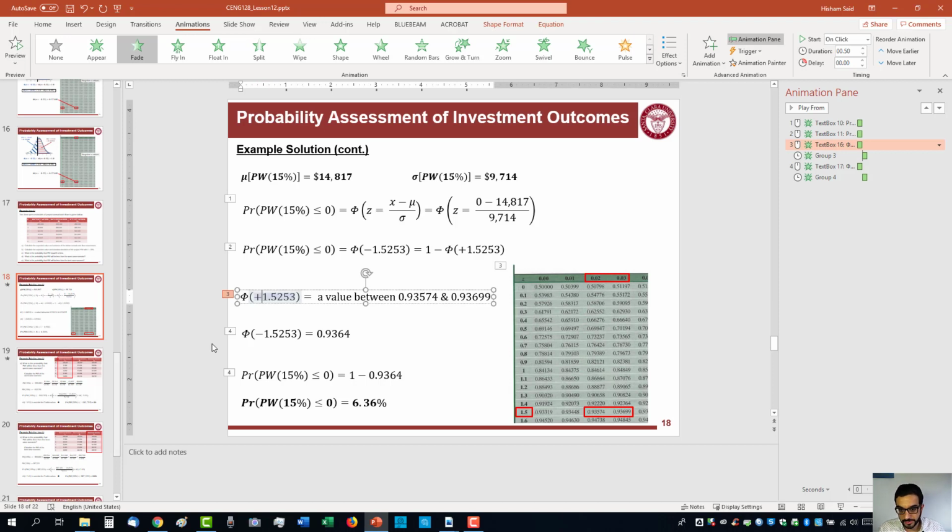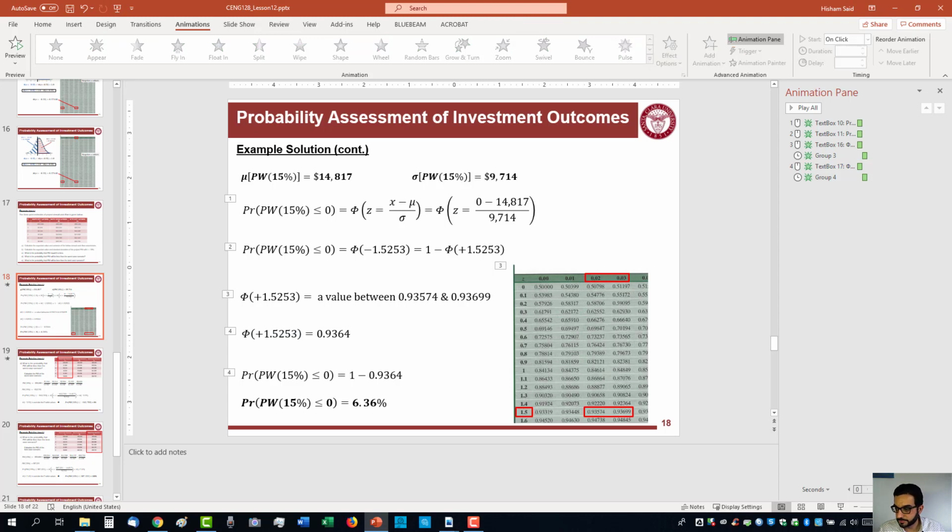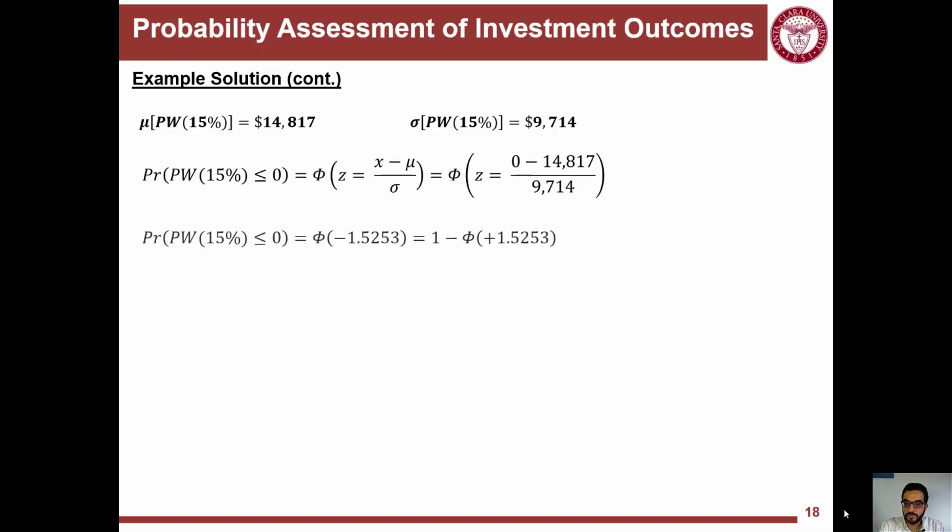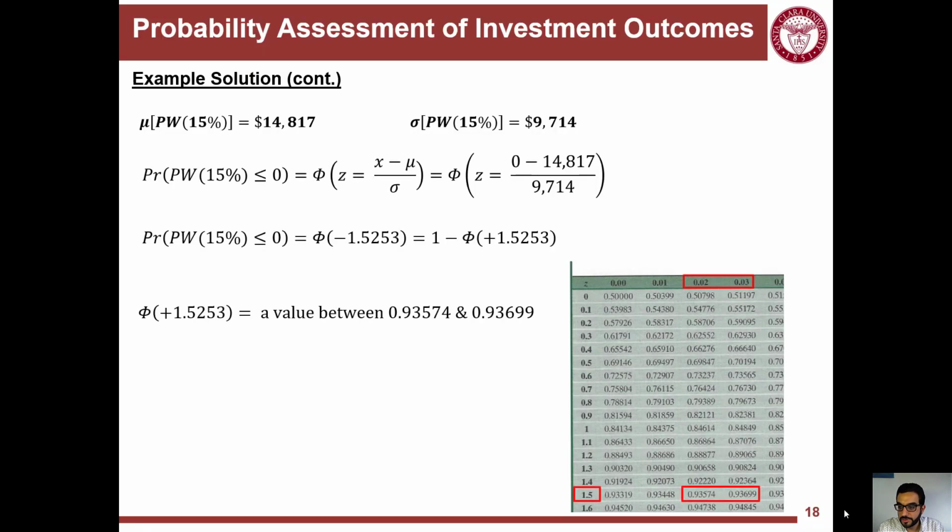So that's positive, and that's positive here. So for the positive Z value now, if I look at the table, 1.5253, 1.5, there you go, 1.5, then 2, and then 53 means I'm between 1.52 and 1.53.